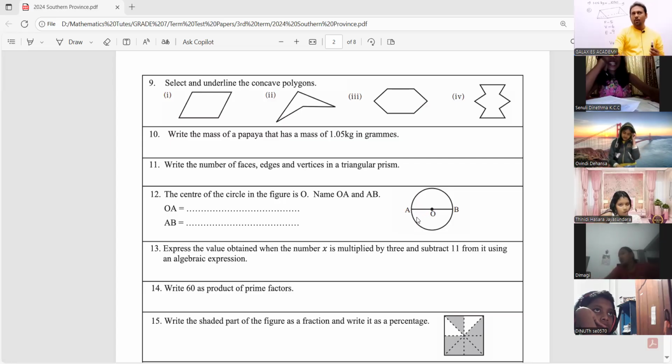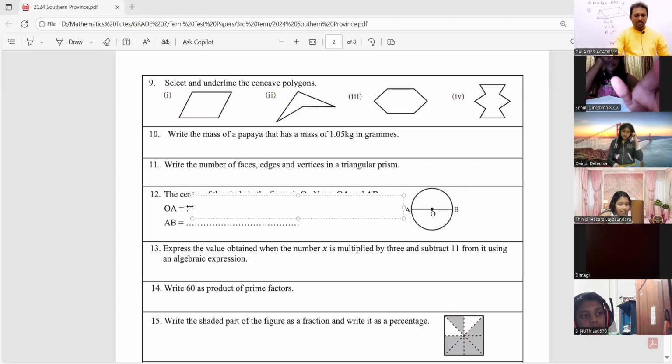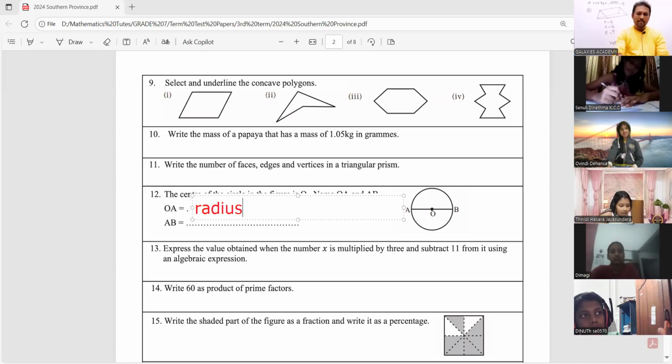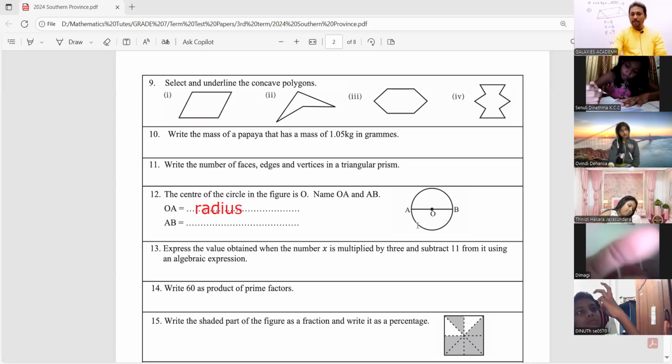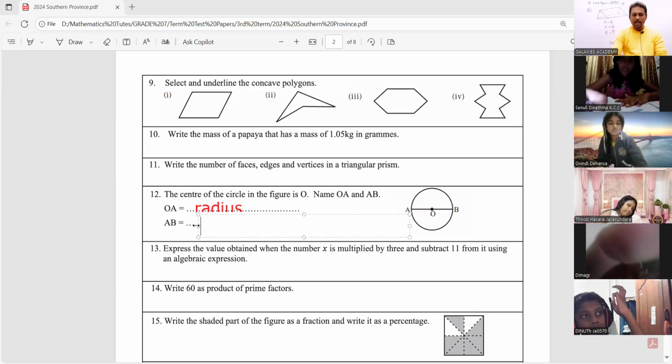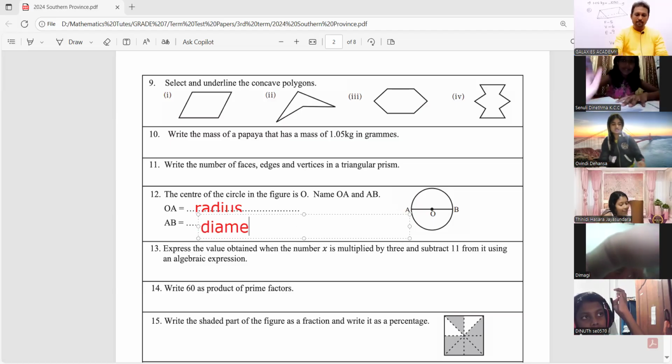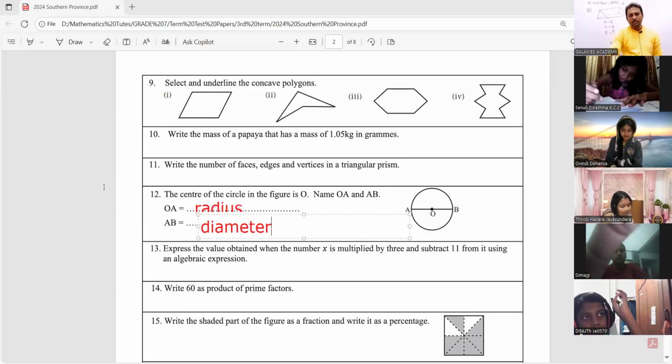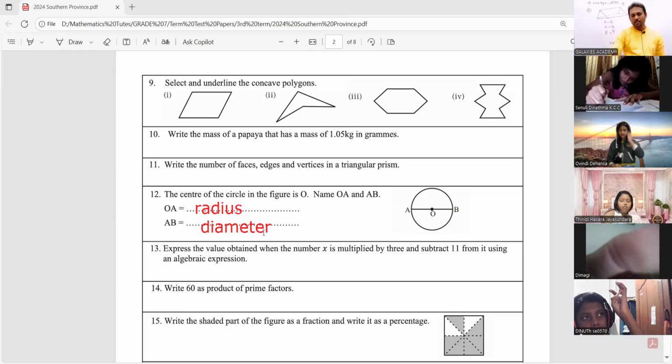Do you remember what OA means? It is a part of a circle, no? We call it radius. Right, it is the radius. Then what does AB mean? It is the diameter.